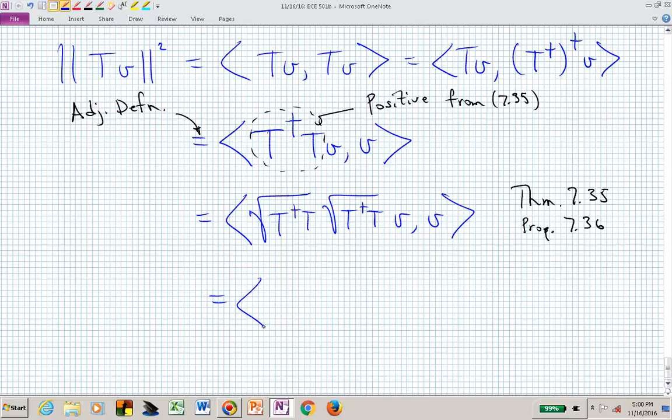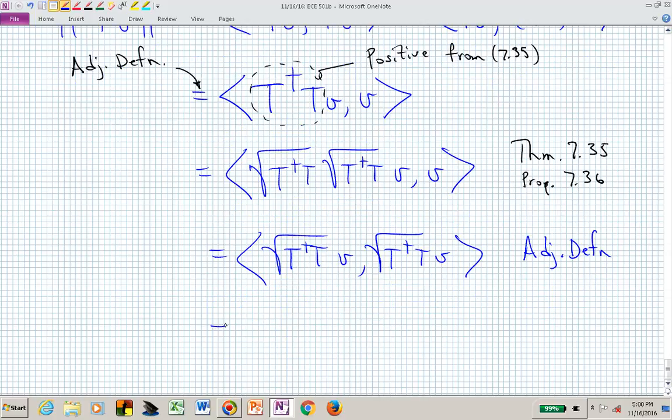The positive square root of T dagger T is self-adjoint, so I don't really need to put that adjoint symbol on it when I slide it from the first slot to the second slot, so that I now have the positive square root of T dagger T with V in the first slot. In the second slot, I have this positive square root of T dagger T with V. Again, that's the adjoint definition.